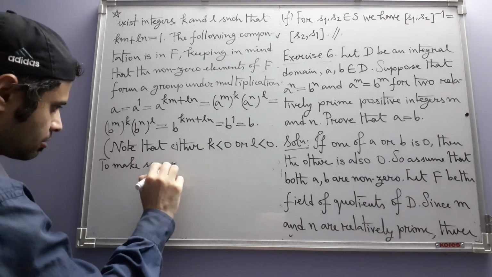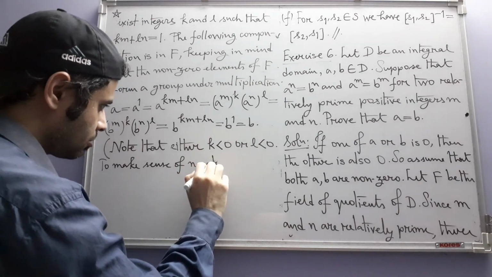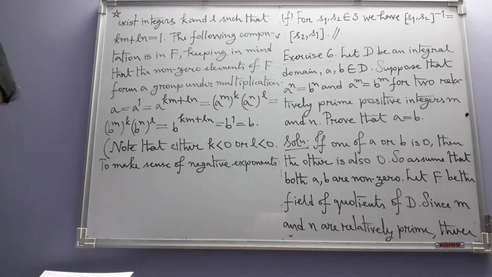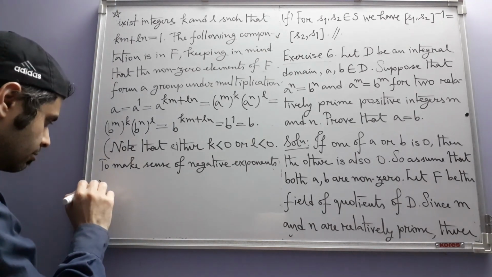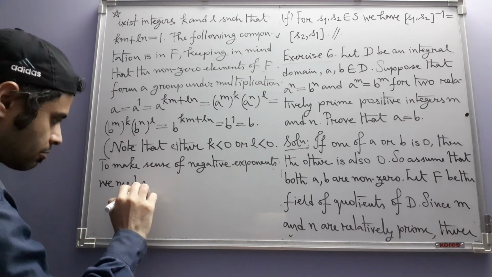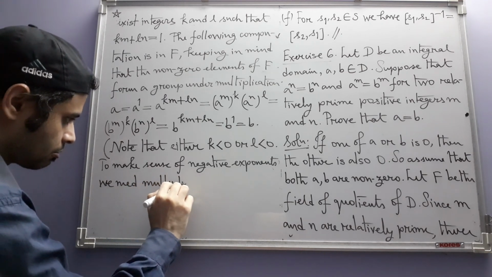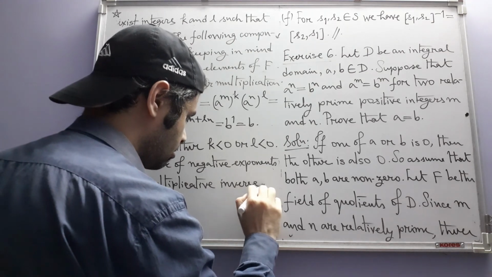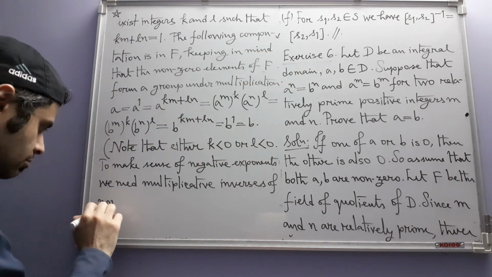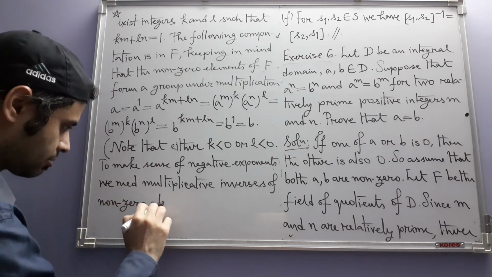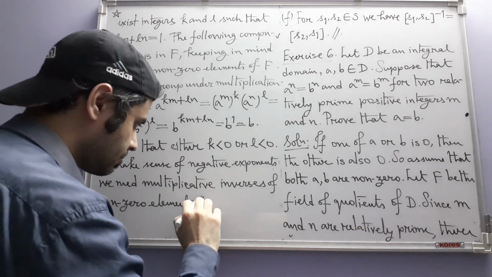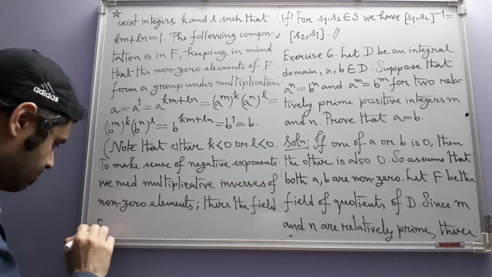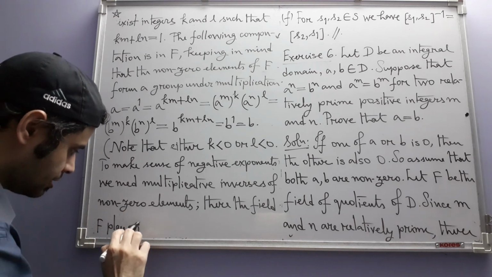To make sense of negative exponents, we need multiplicative inverses of non-zero elements. There the field F plays its role.